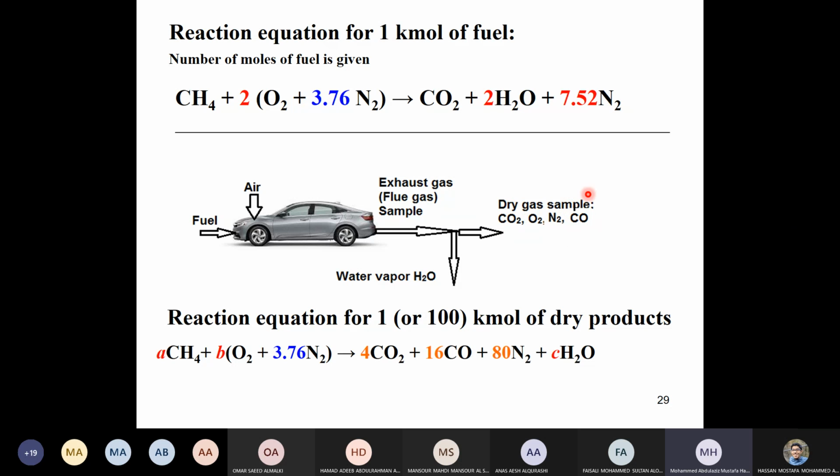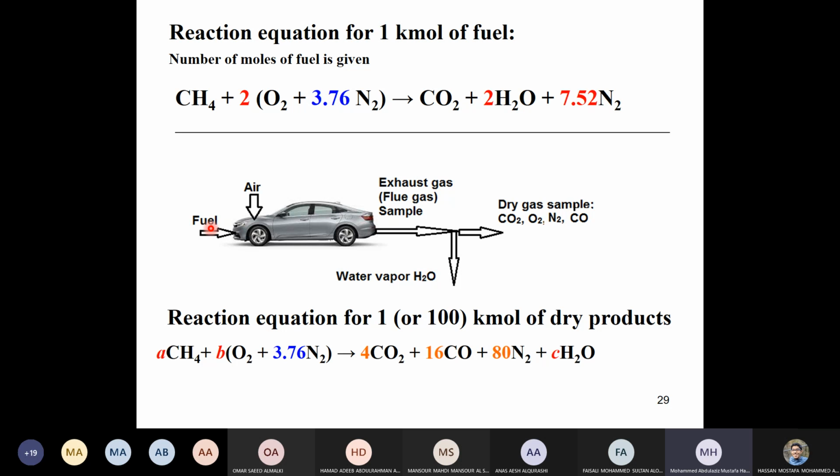They have a gas analyzer here. With this gas analyzer, they can tell how much air there is, what the air to fuel ratio is. So this is the way in all of our industry to measure the air. We do not measure the air coming in, but we analyze the products, and this analysis will tell us how much air we have.